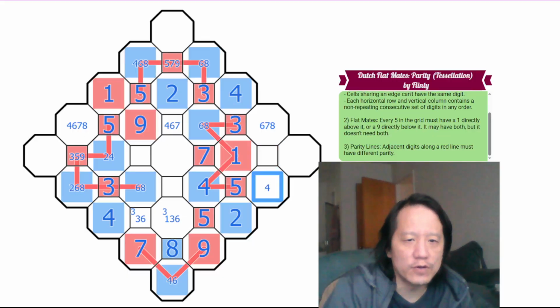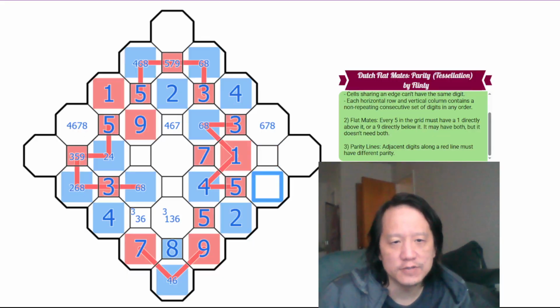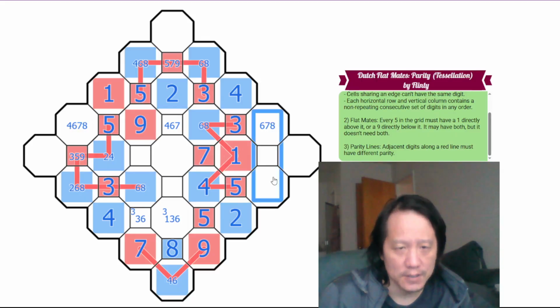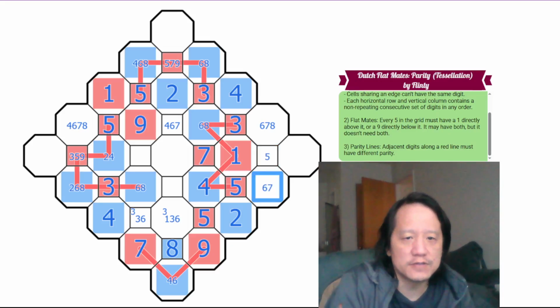So it could be 4. It can't be 4 here. Can't be 4, 5, 6. 5, 6, 7, so 5, 6, 7 works. 6, 7, 8, which would be 6, 8 and 6, 7, 8 here, or 7, 8, 9. So 7, 8, 9 are possibilities.